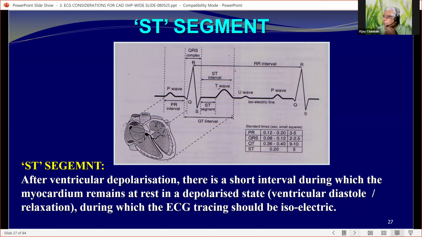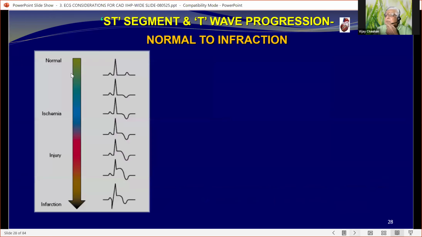I was telling you about all the records which we have been looking at at this particular point. This is the P wave, QRS complex, ST segment, T wave, and this is the arrow which shows the change from normal to absolutely abnormal.